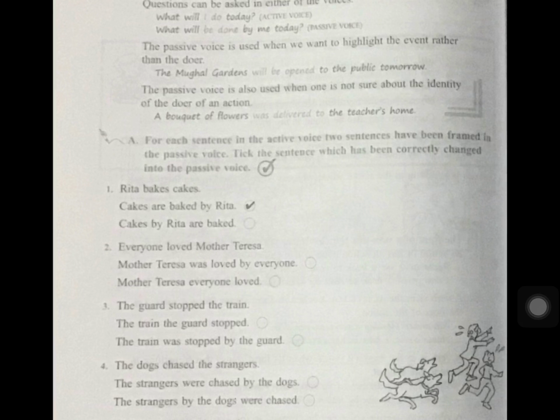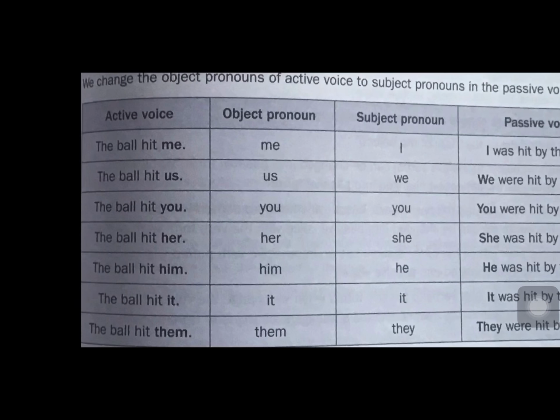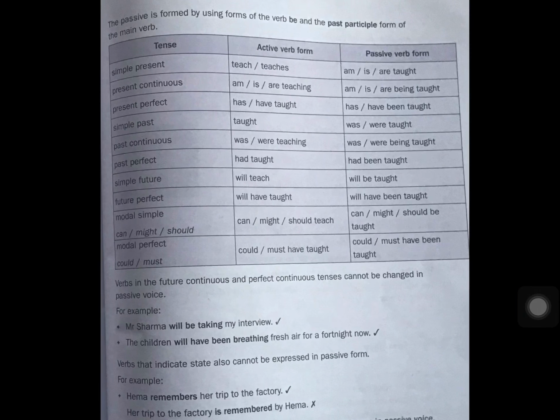And we have to use the past participle form irrespective of the tense. Tense is used to recognize how we should write in passive voice. In passive voice, always the past participle form of the verb will come. Baked, preposition by, Rita. So in the same way, go through all the questions and tick the correct answer.